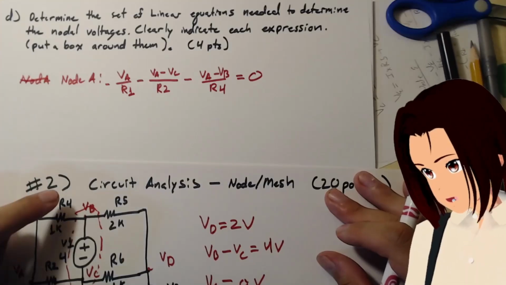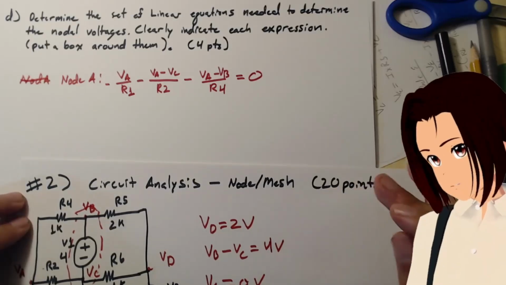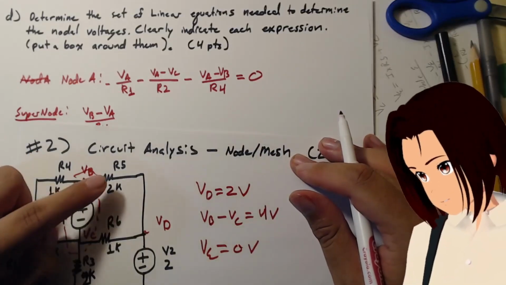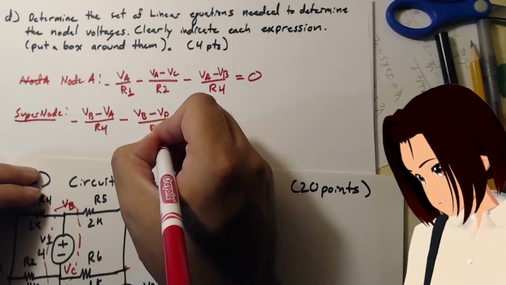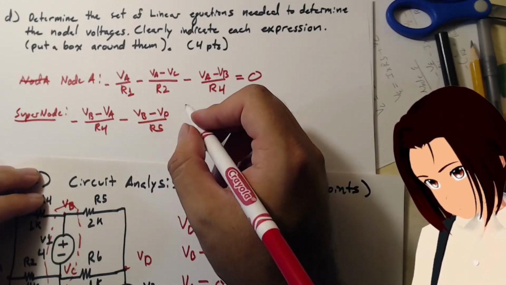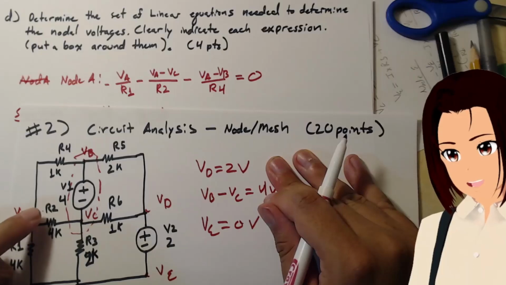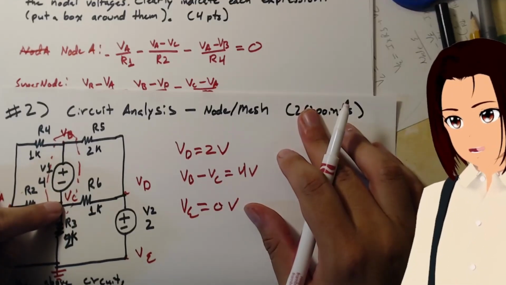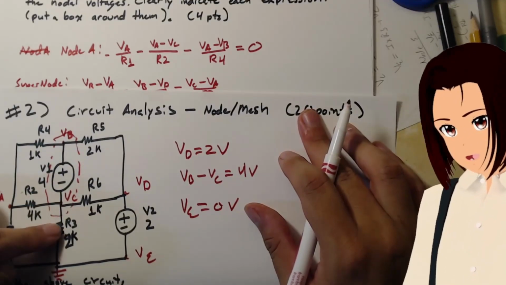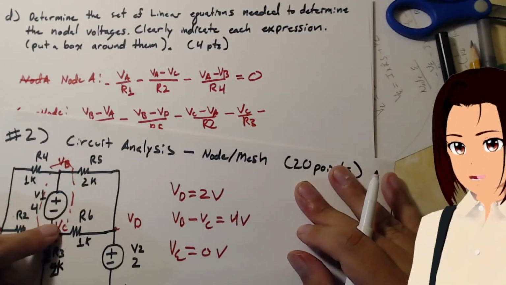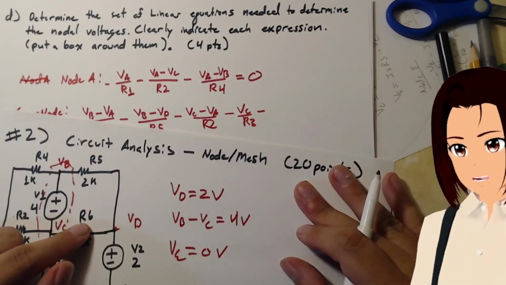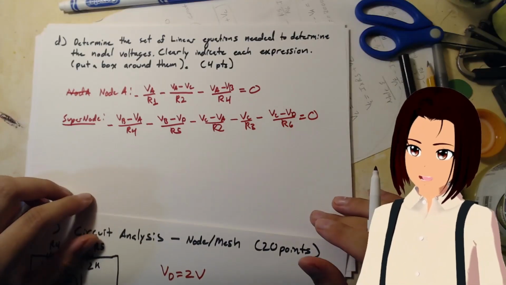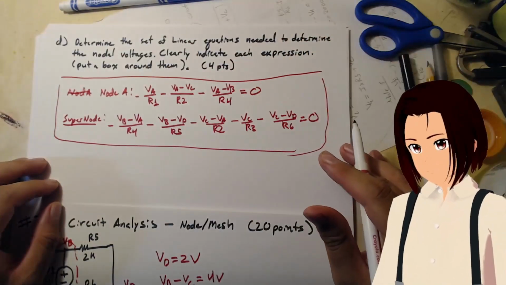So: VB minus VA over R4, VB minus VD over R5, VC minus VA over R2, VC minus 0 over R3, VC minus VD over R6. Boom, we did it. There's your equations. Full credit, 4 points.